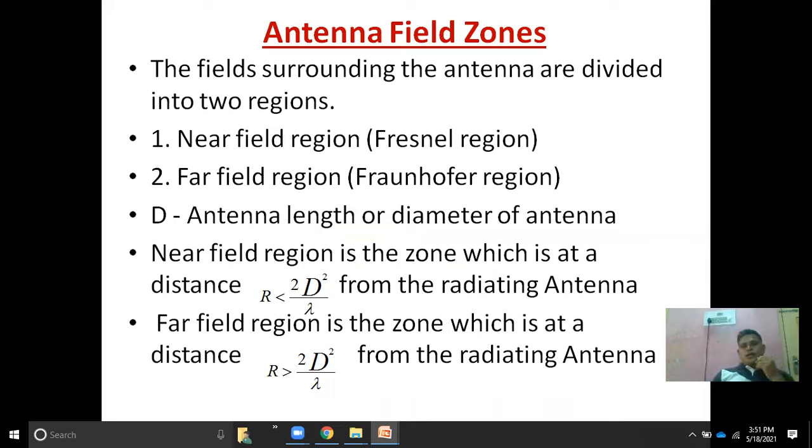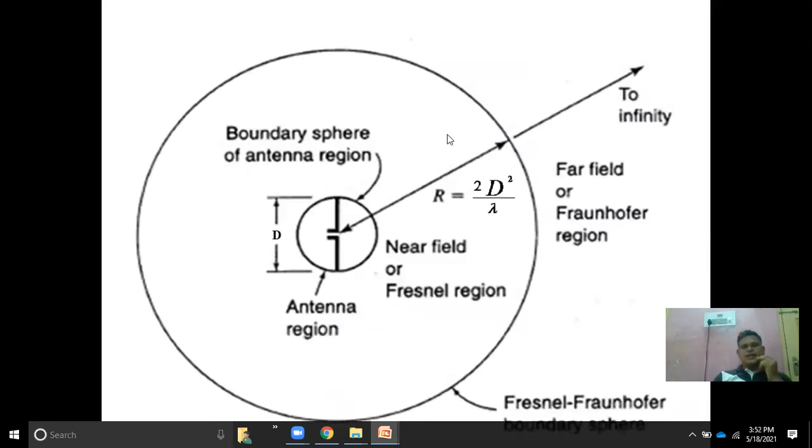Earlier I mentioned that the area surrounding the antenna is divided into two types: one is far field, another is near field. We also made some assumptions while calculating the radiation pattern.